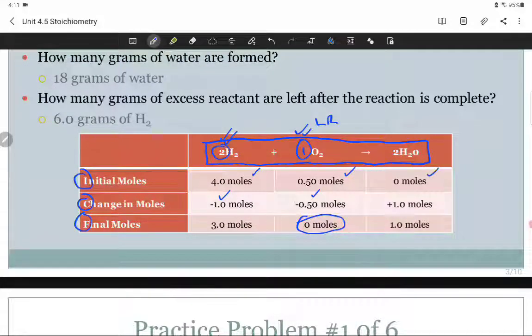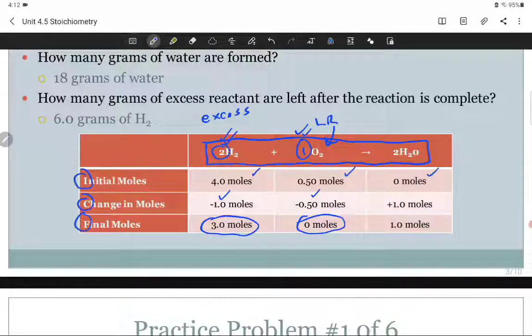And so 4 minus 1 is 3. We didn't look at the products yet, but for the reactants, hydrogen gas, we have 3 moles left, and oxygen gas, we have no moles left. So again, we're deciding that oxygen is the limiting reactant and hydrogen gas is the excess reactant.